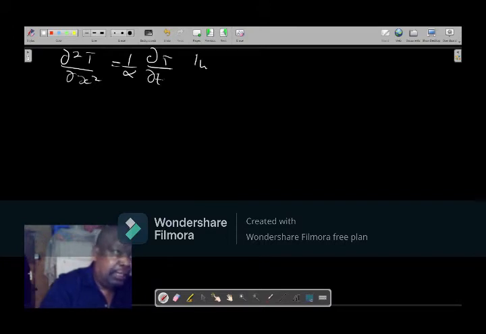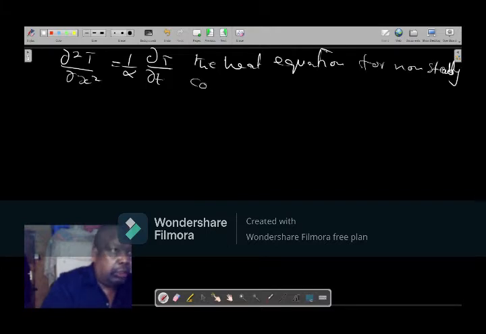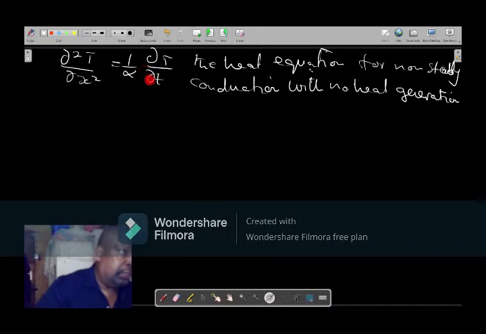This is the heat equation for non-steady conduction with no heat generation. And as you can see, our temperature T is varying with distance x and also with time t.